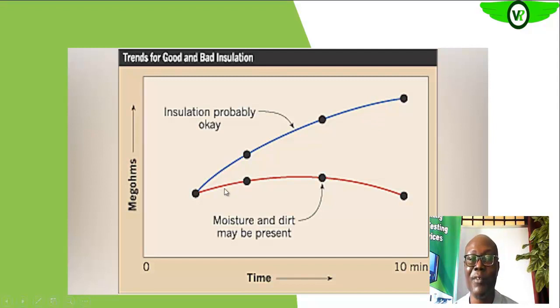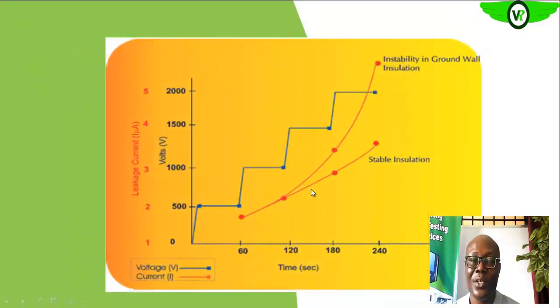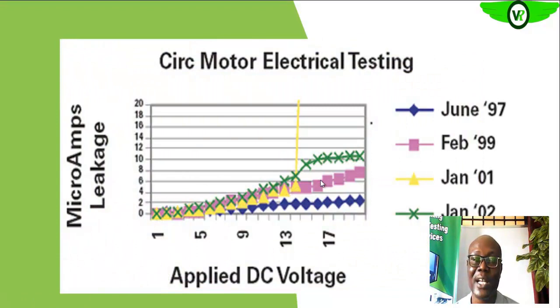Then for the poor value, maybe the insulation has moisture trapped in it or dirt, something that is compromising the insulation. So you see that upward trend is not there any longer. So for the step voltage test, the same thing for poor insulation. So all of this actually highlights the importance of trending.